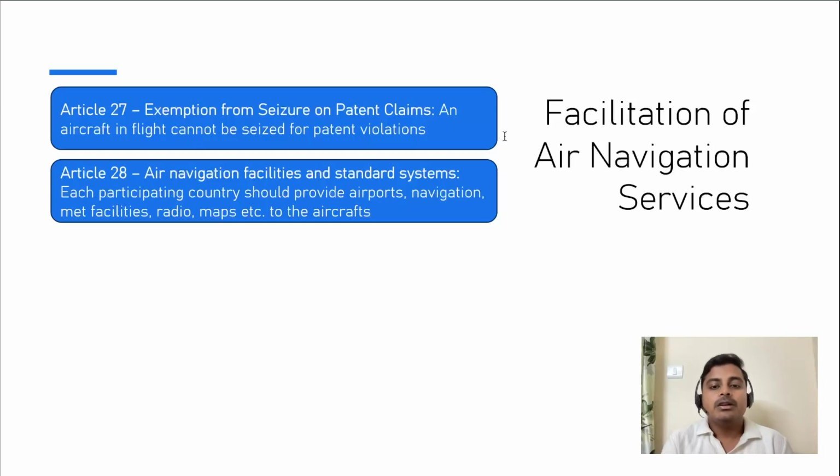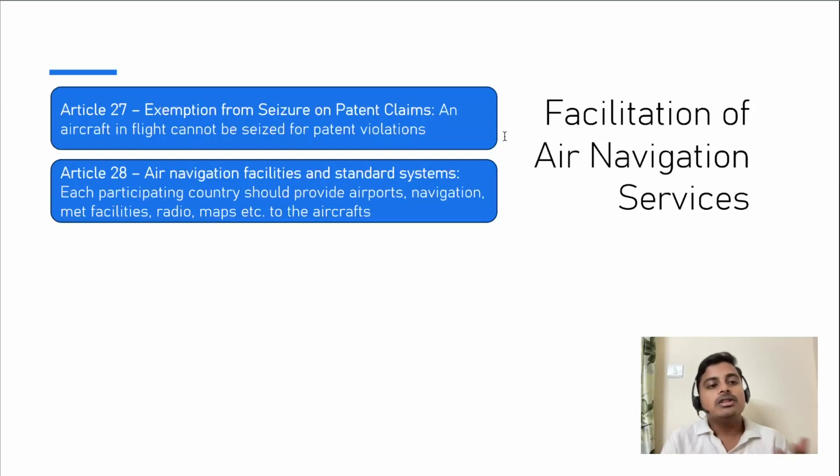Right? You can imagine an Airbus A320 from France is flying to India on a scheduled international route, and then a company in India claims that a navigation system used in that aircraft violates its patent, and it wants to seize the aircraft. So without Article 27, the company could try to get a court order to seize the aircraft when it lands in India.